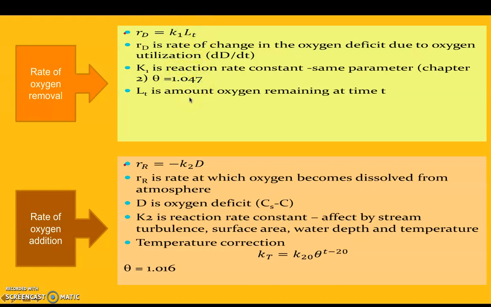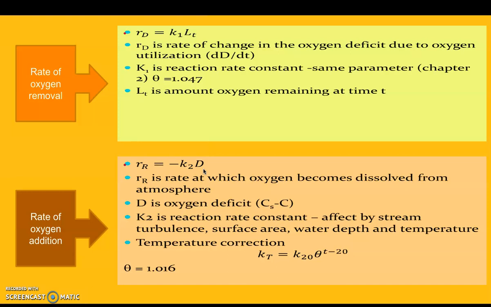The next model is the rate of oxygen addition, which is capital R equals minus K2 D, where capital R is the rate at which oxygen becomes dissolved from the atmosphere, meaning the addition of oxygen from the atmosphere.